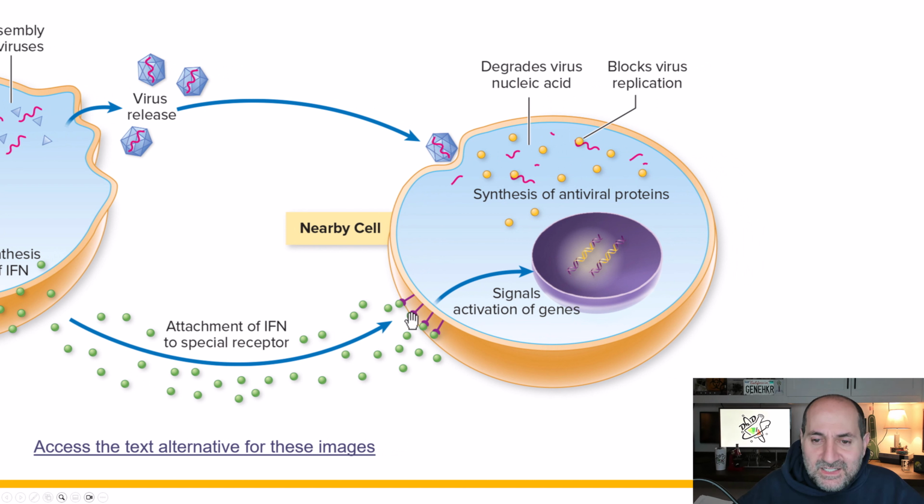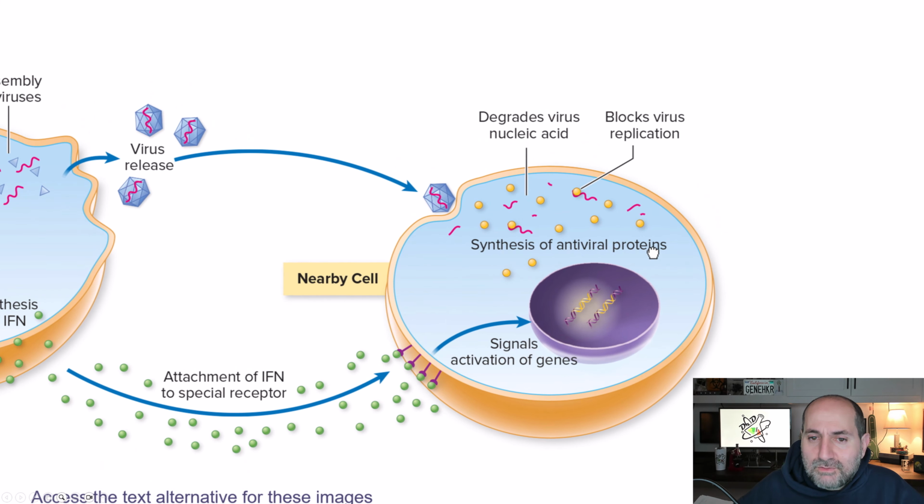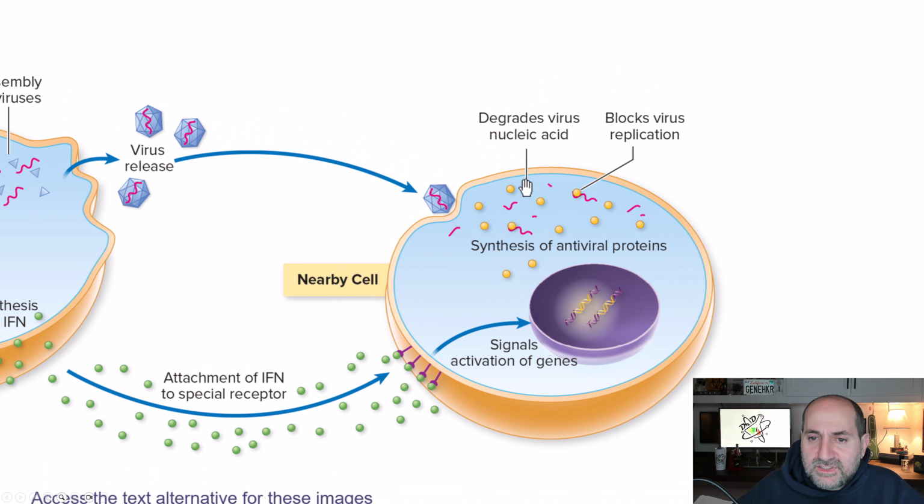This adjacent cell will activate genes to synthesize antiviral proteins. Now remember, this adjacent cell is not protected from infection by the virus, but it is protected against being taken over by that virus. And the infection ends at this cell.